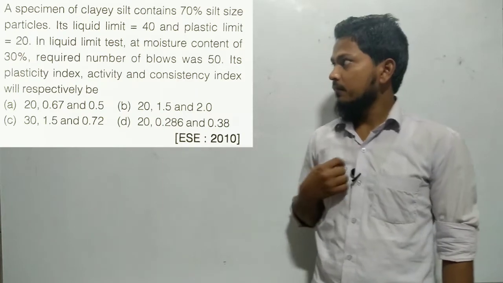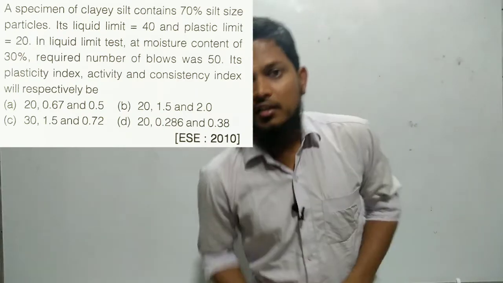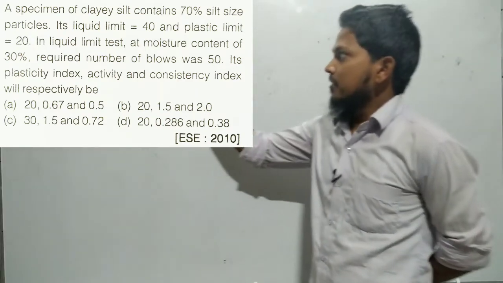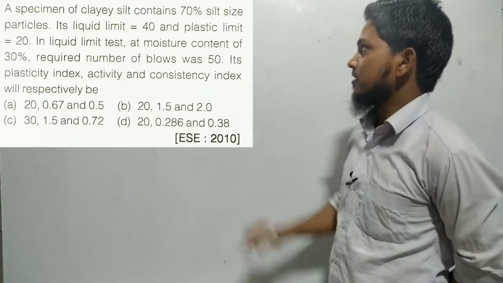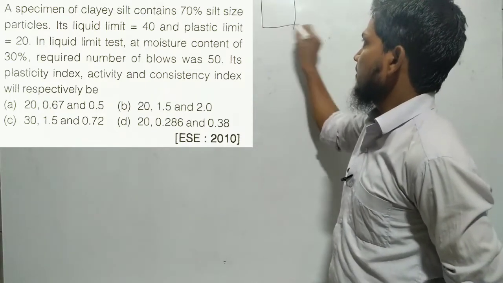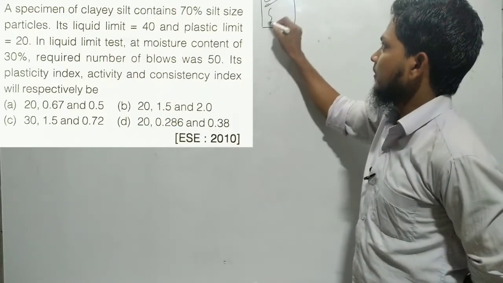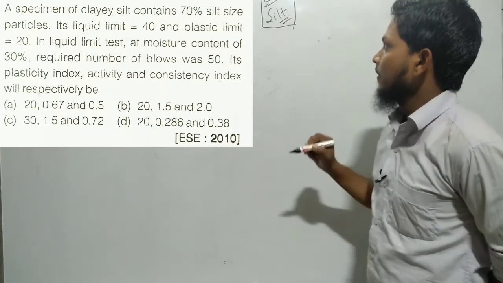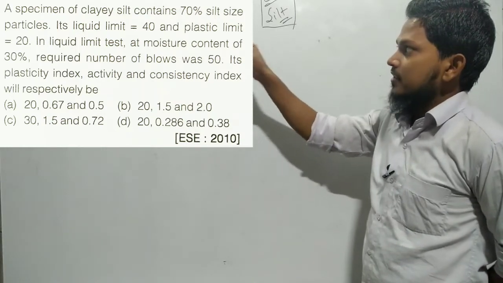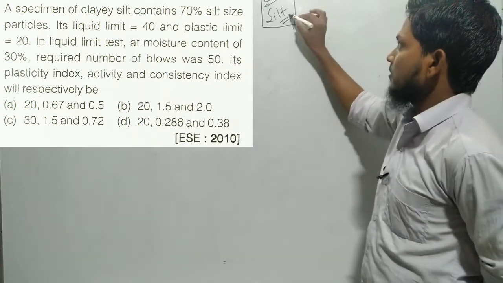So let us discuss. The question says that a specimen of clay silt contains 70% silt size. It means that the specimen has clay as well as silt. Clay silt contains 70% silt size, so what is 70%?